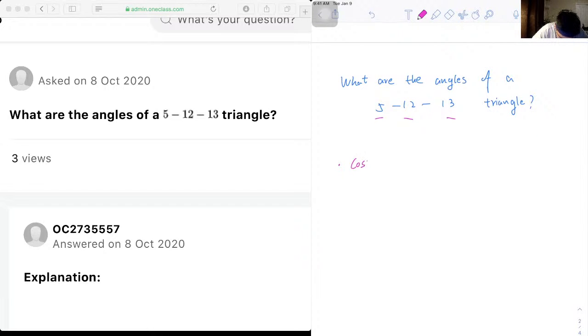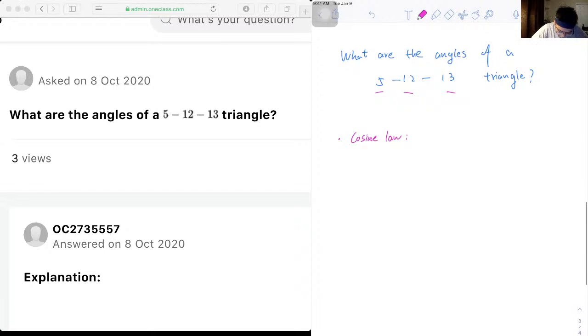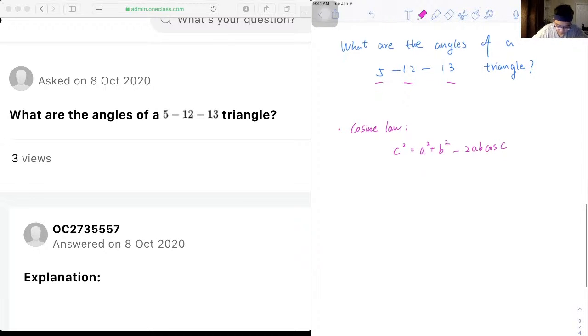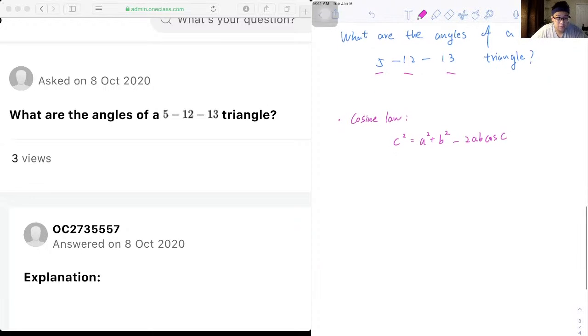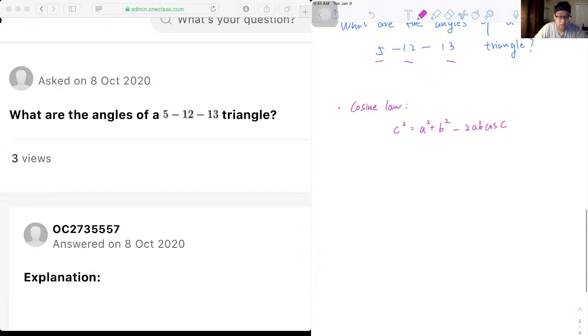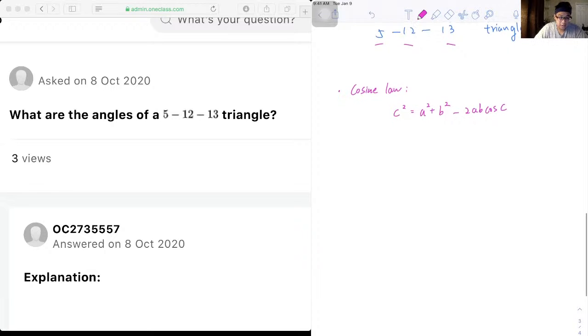Cosine law is given by c squared is equal to a squared plus b squared minus 2 times a times b times cosine C, where a, b, c are the sides of the triangle and C is the angle opposite side c.